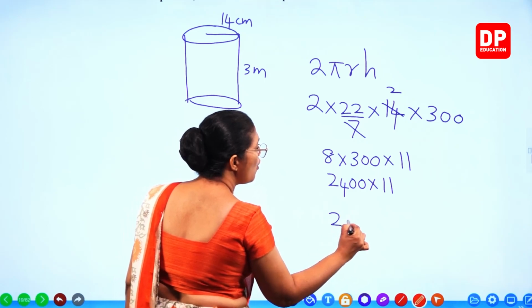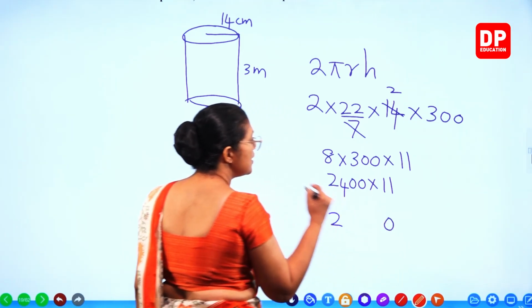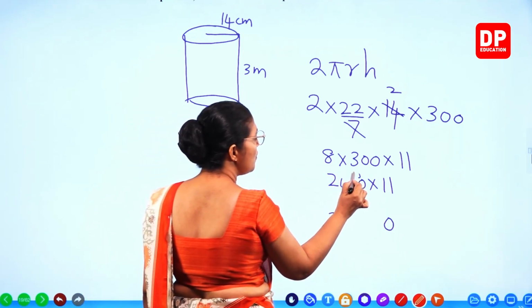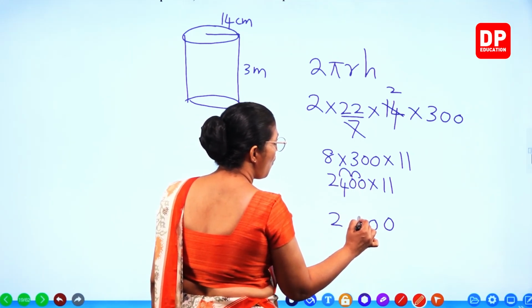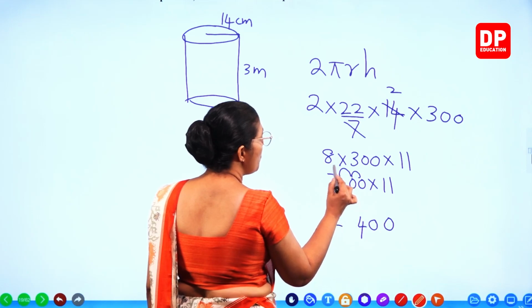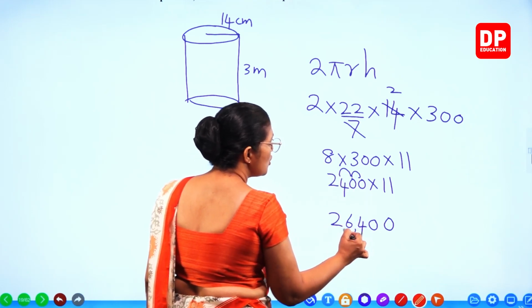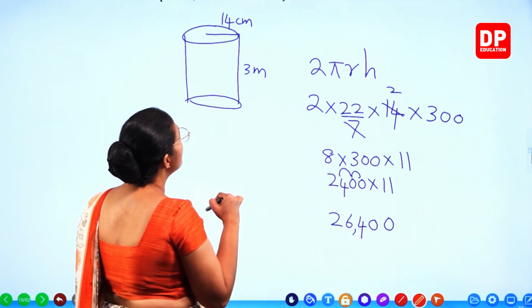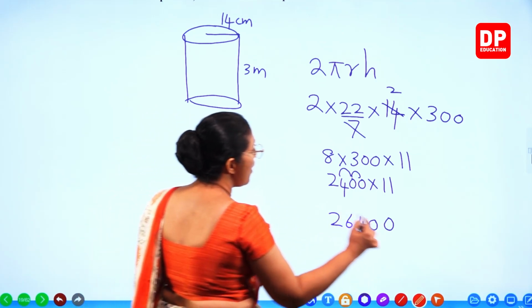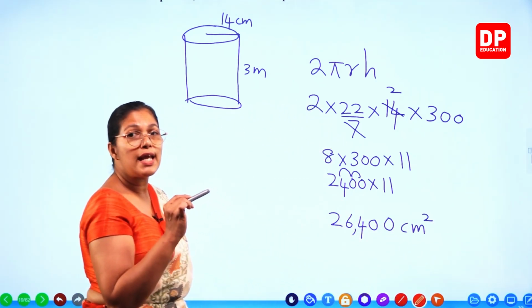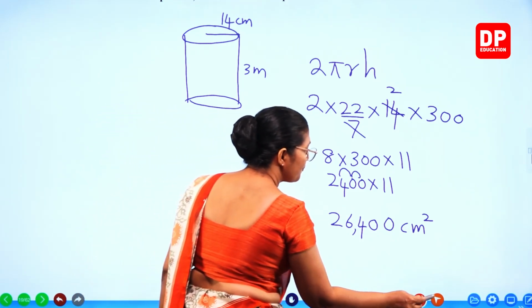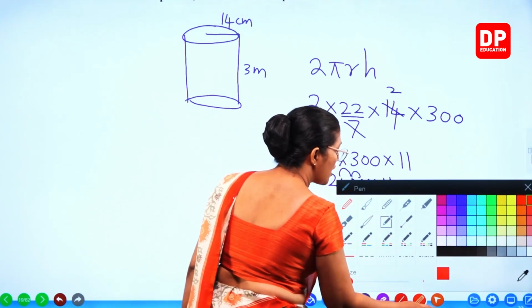You separate out the first digit and the last digit and then you add 0. 0 plus 4, 4. 4 plus 2, 6. 26,400 square centimeters because it's about an area. So you get 2 marks for that.